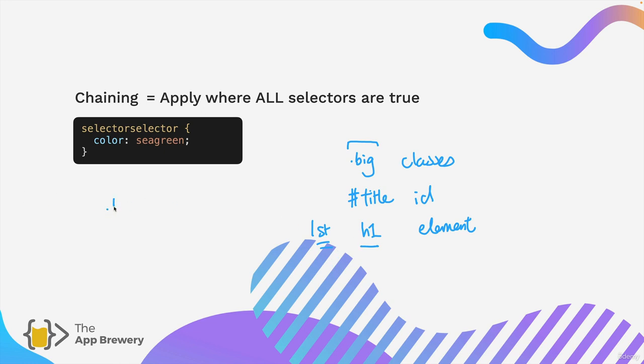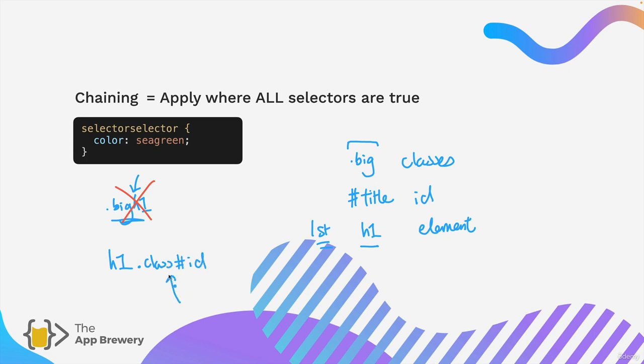Let's say you had a class of big and you wanted to say, well, it also is an H1. Because there's no space when we chain, this might just look like a class called big H1, which is not what you want. Always start off with the element if you want to chain an element, and then you can add on the class using a dot, or you could use the hash sign to add an ID.